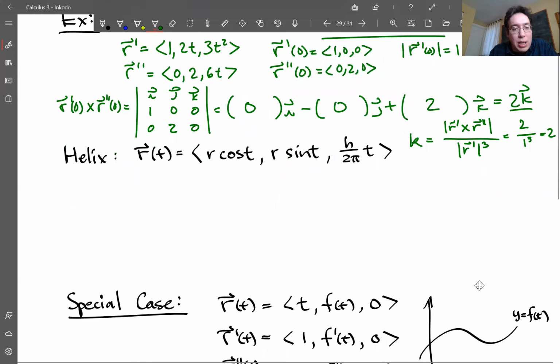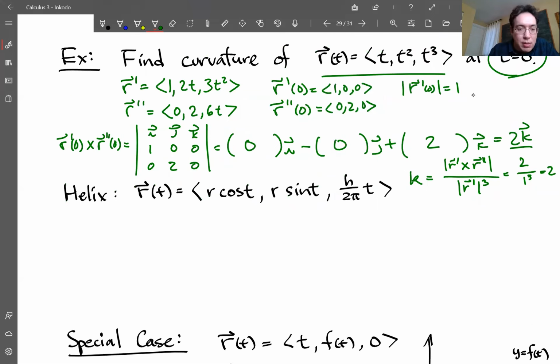Maybe I can compute the curvature of a helix as well. Here, I'll do it for a general t, but it'll turn out that the curvature is a fixed constant the entire time. So let's keep computing.